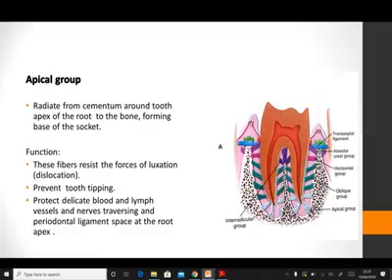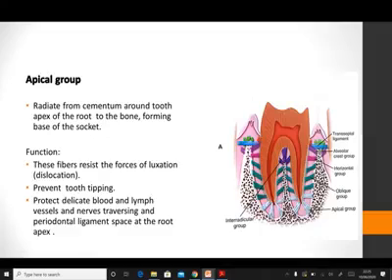The fourth type of principal fiber bundle group is the apical group. The apical group basically radiates from cementum around the apex of the root to be attached to the bone that is forming the base of the socket.